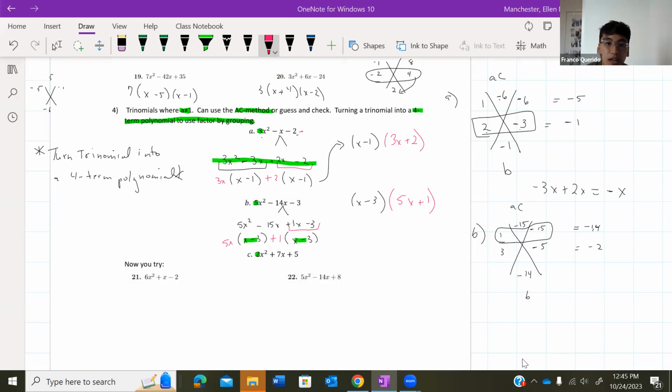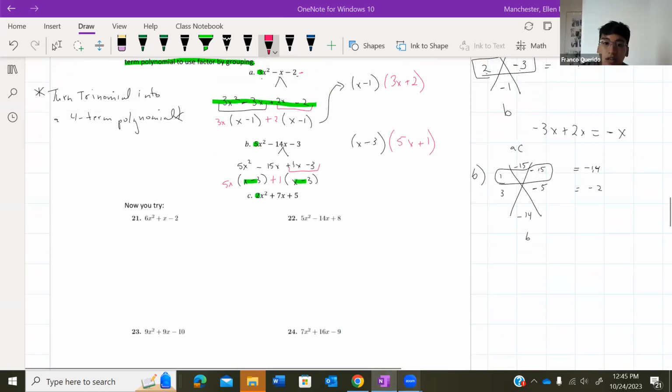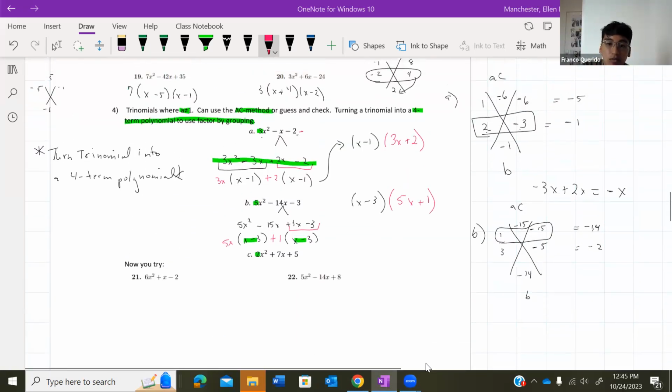So I kind of combined the box and the T-chart. So like if we were to do C, you would do 2 times 5, so it'd be 10 at the top of the T-chart, and then you would find the factors of 10 that would make 7. And then from there you would get the 2 and 5.